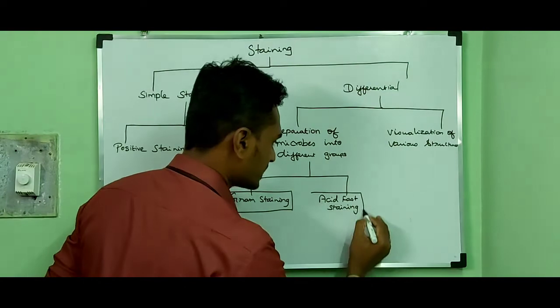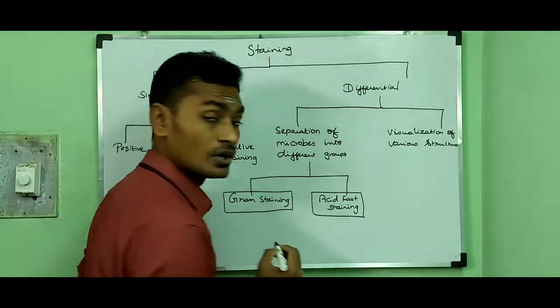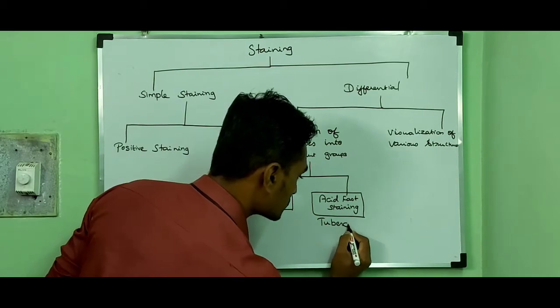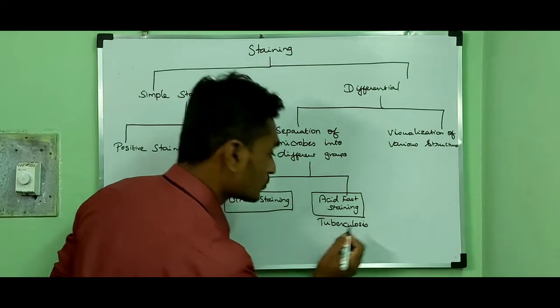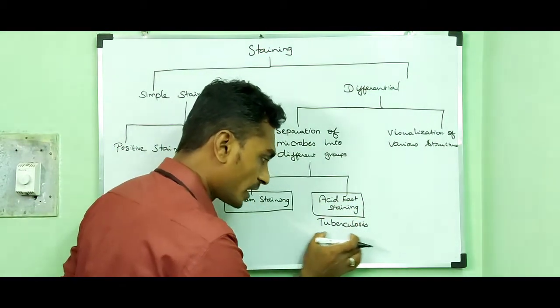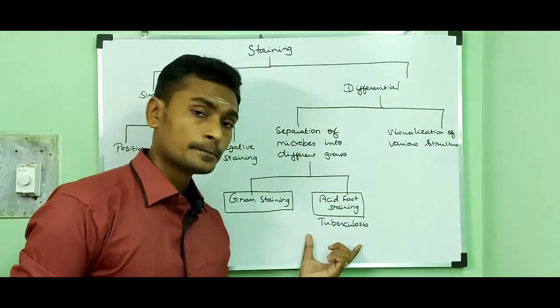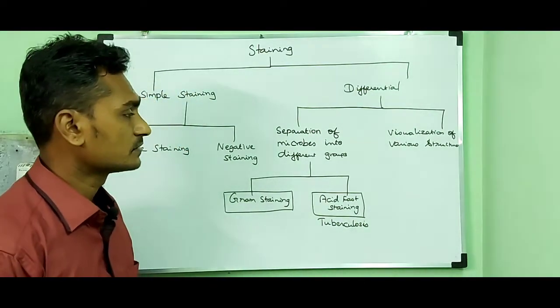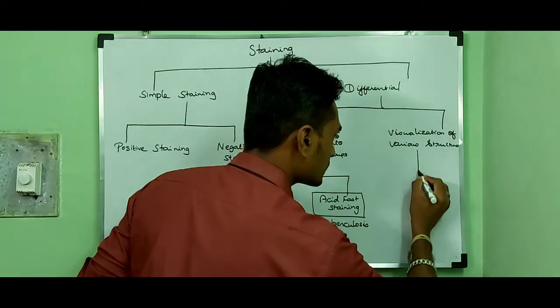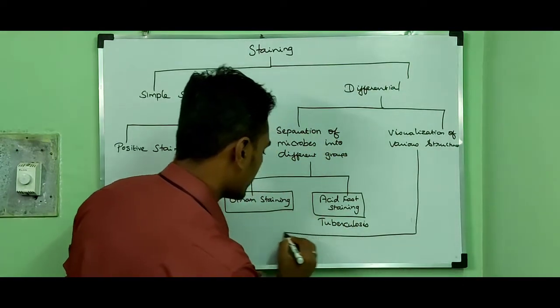The acid fast staining procedures are used to identify tuberculosis bacteria, that is Mycobacterium tuberculosis. Then visualization of various structures is again classified into five types.